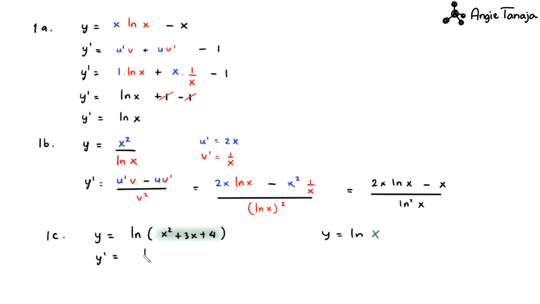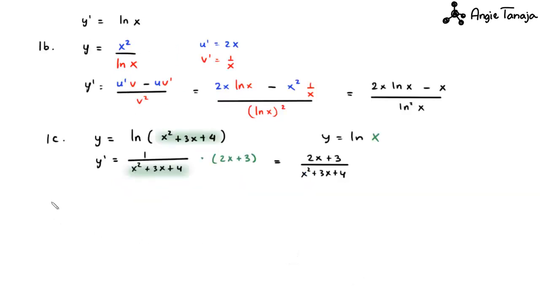So you do the same thing, 1 over that x. But you have to multiply it with the chain. This is chain rule. Times 2x plus 3. So the answer will be just 2x plus 3 over x squared plus 3x plus 4.